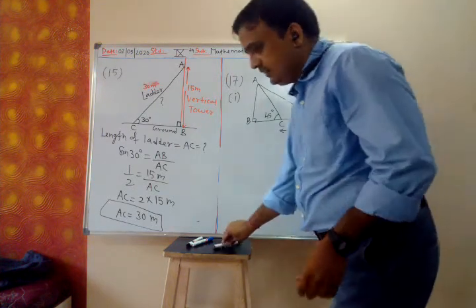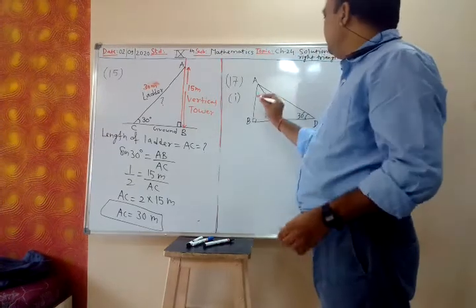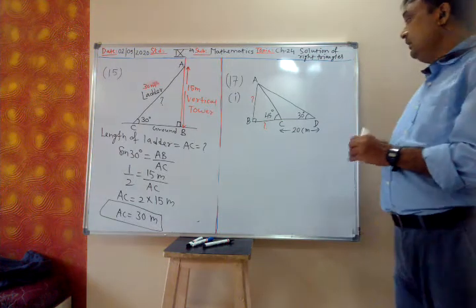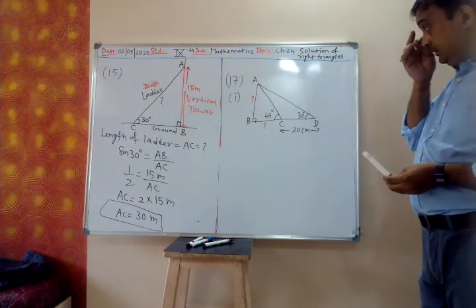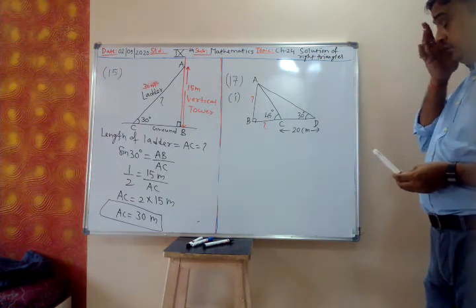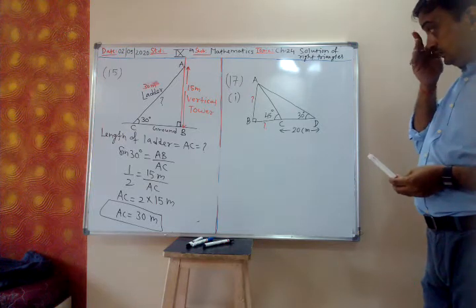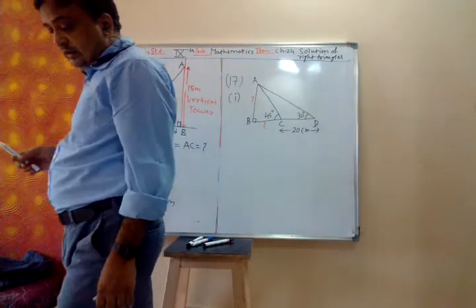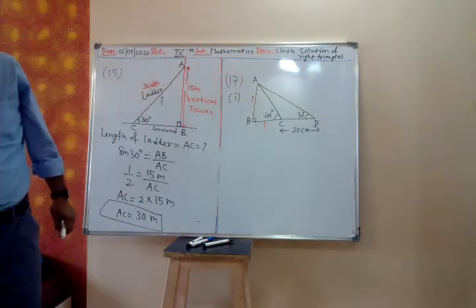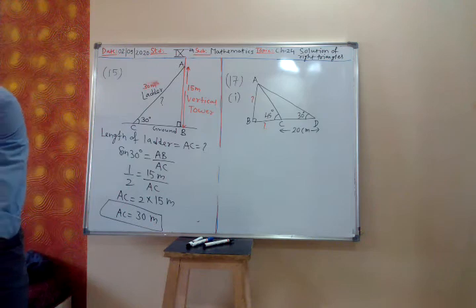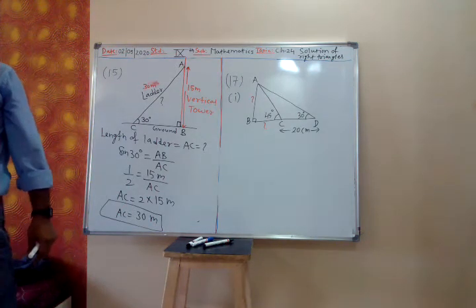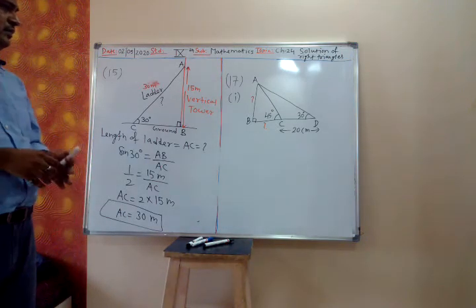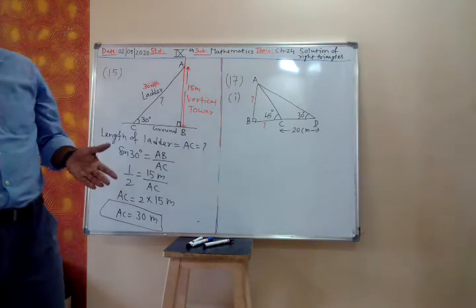Find AB and BC. AB we have to find, and BC we have to find. No, AD is not given.